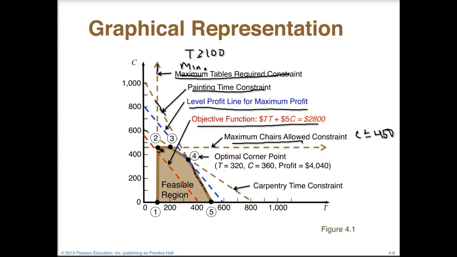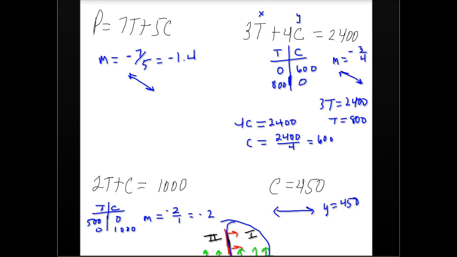And we also have our carpentry time constraint, which is here. Okay. And if we go back a page there, this was the carpentry time constraint. Our 2 points here were 0, 600, and 800, 0. So those are y and x intercepts respectively.